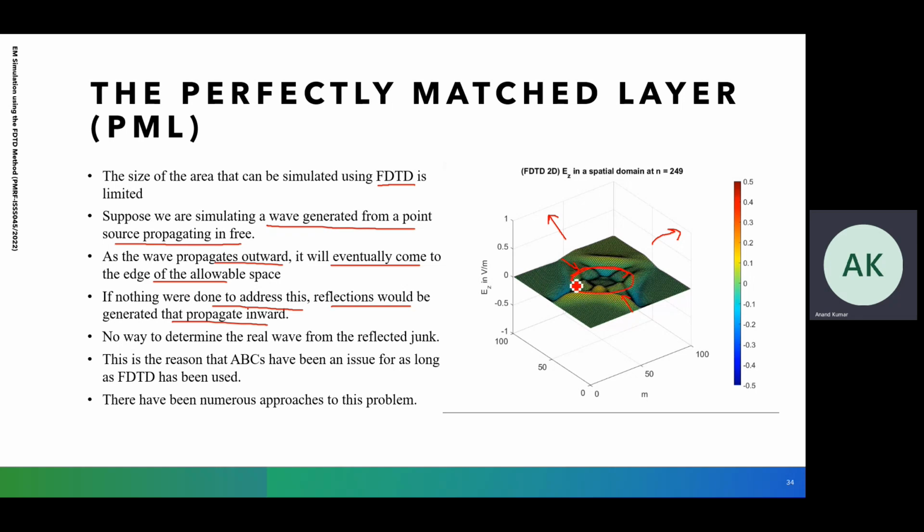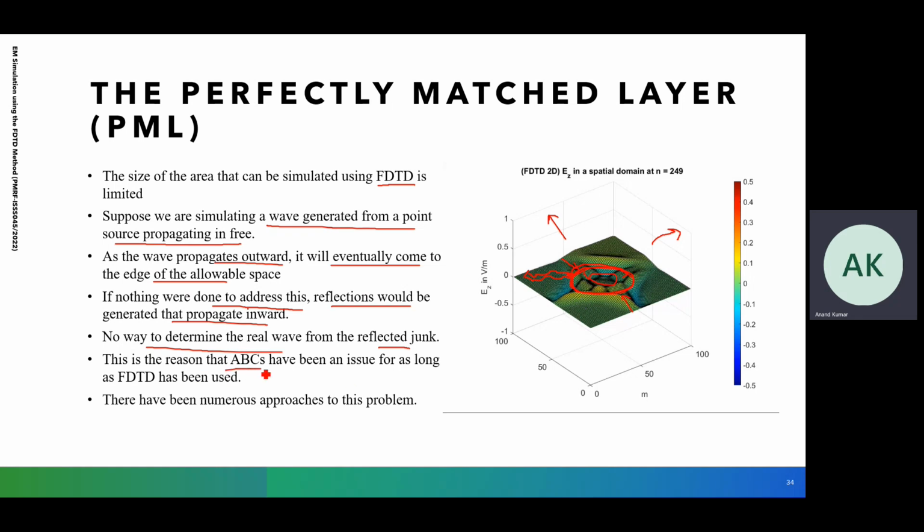For example, we are interested in something happening over here, and some of the wave that propagated outwards reached the boundary, came back, and then interacted with whatever was happening inside. Once the reflected junk interacts with the region of our interest, there will be no way to determine which is the real wave and which is the reflection, and we won't have any proper data which we need.